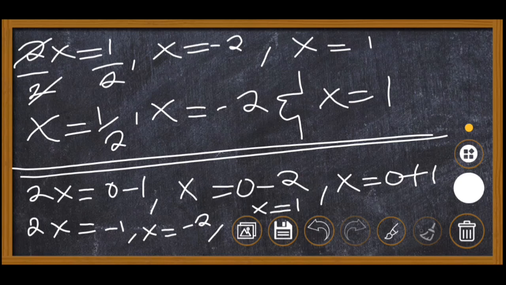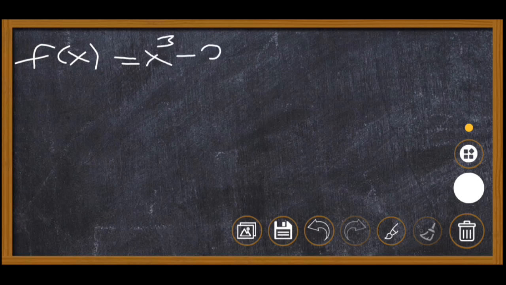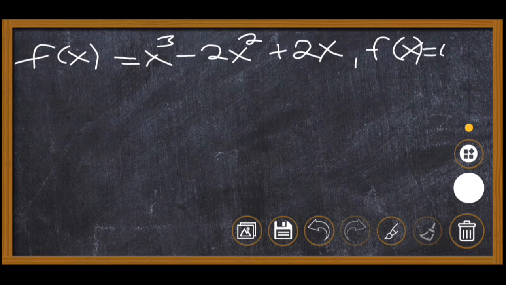So let's look at another example. So let's say you have f of x equals x raised to power 3 minus 2x squared plus 2x. Then let's say you have been given that f of x is equal to, let's say, 4.